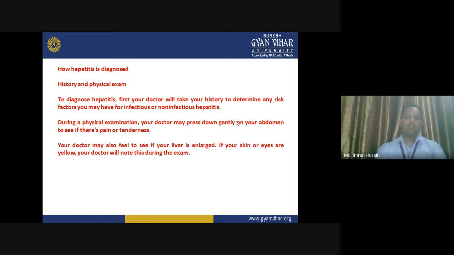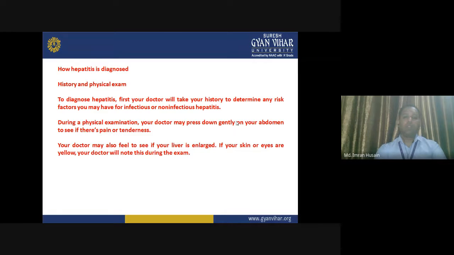So the doctor has to analyze your medical history also. Earlier, have you ever suffered from infectious or non-infectious hepatitis? Has everything been okay so far?